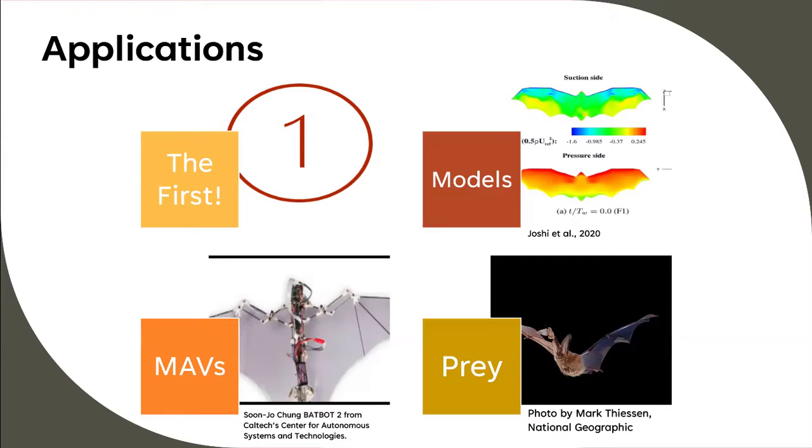MAVs, micro air vehicles, very fancy name for drones. There are robot makers out there who have attempted to recreate bat flight with bat-esque drones, and I mean, they work. But they're not nearly as good as an actual bat in real life.